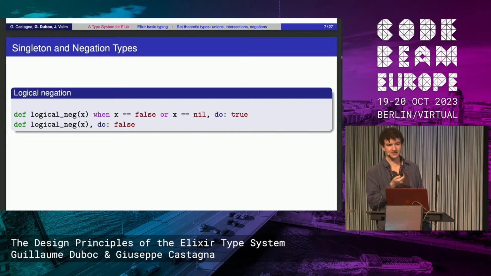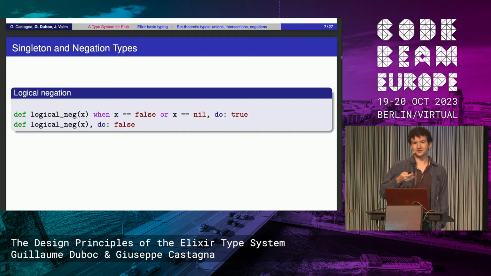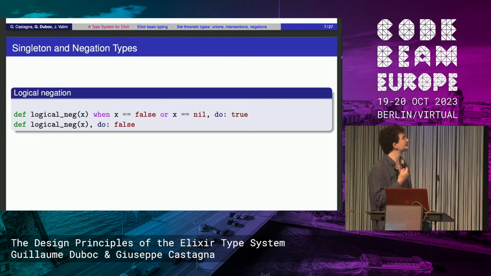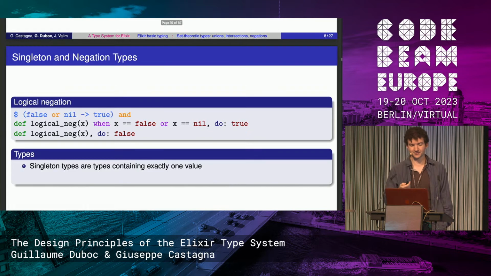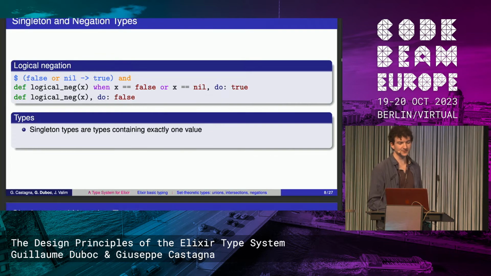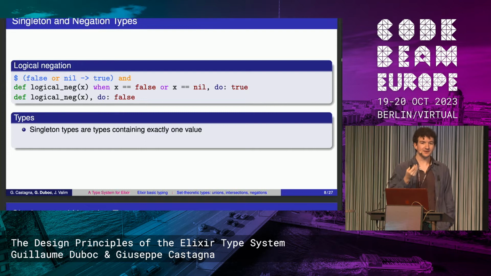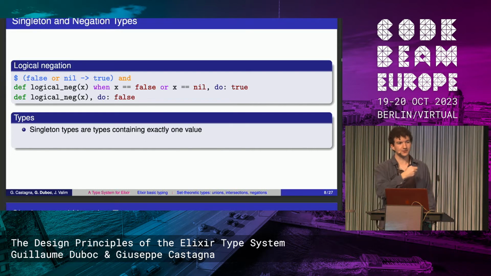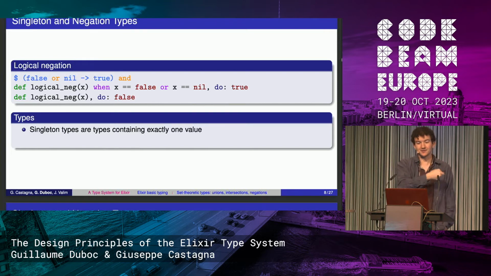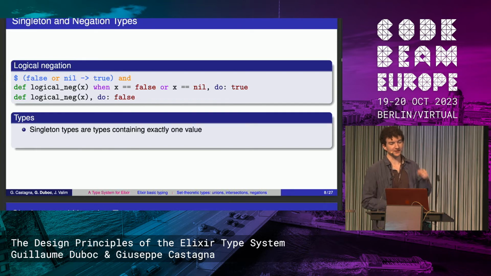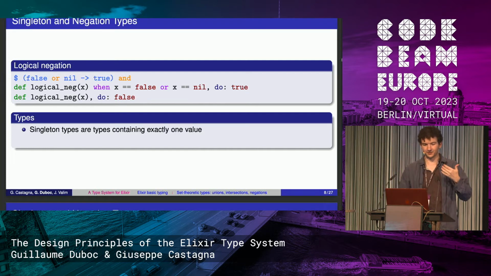There's more to this. There are two features of this type system, singleton and negation types, that allow us to write precise types, for example, for this logical negation function. This function tells you that when it receives an atom that is either false or nil, it returns true. So we can write a type that represents that, where here false is a singleton that represents its own value.